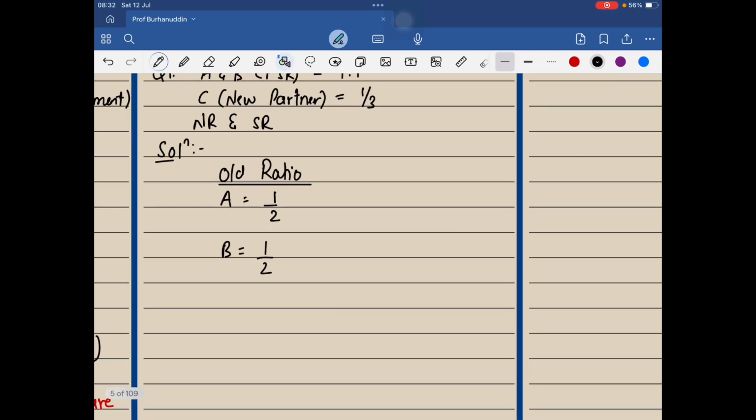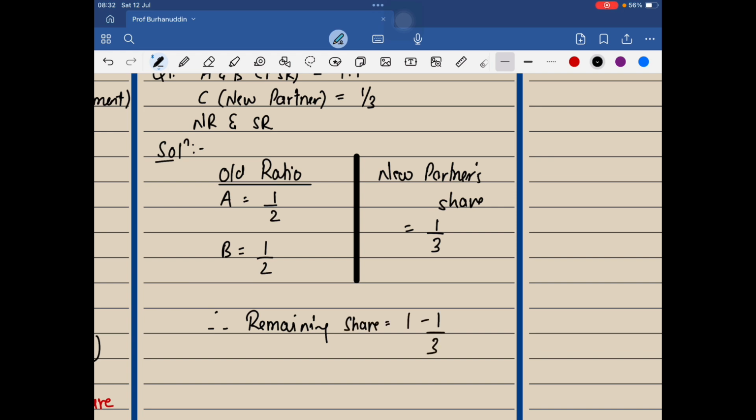Now the new partner is asking for how much? Therefore the remaining share would be what? 1 minus 1/3.